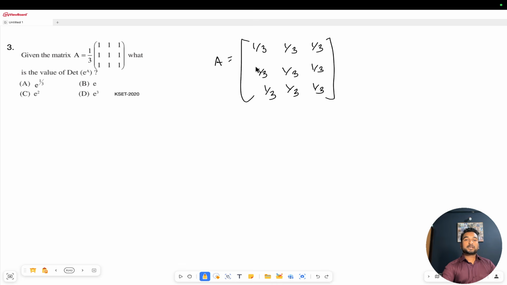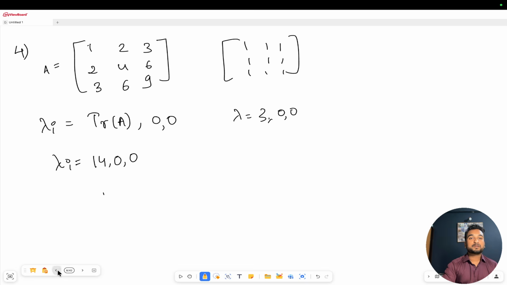So can you tell me what will be the eigenvalue of this matrix? You can see this row is a scalar multiple of this, again this is a scalar multiple of this. All three rows in this matrix are scalar multiples of each other. For that I have told you one property, that if it is like this, then one of its eigenvalues will be equal to the sum of the trace, and the other two will be 0.